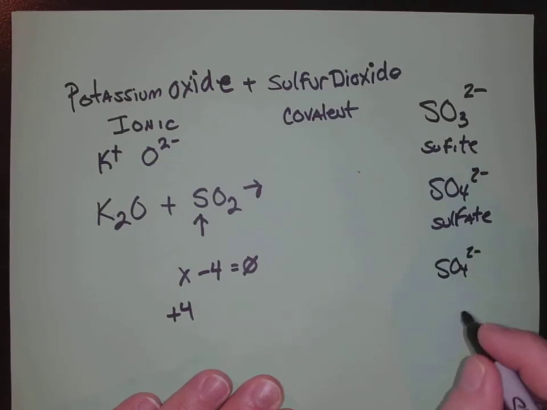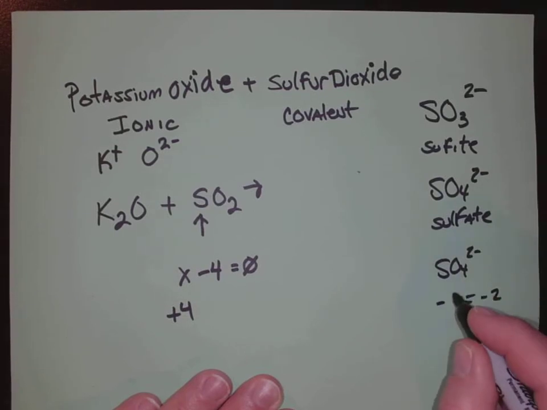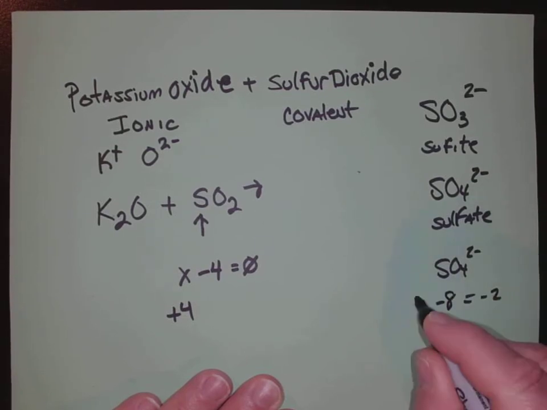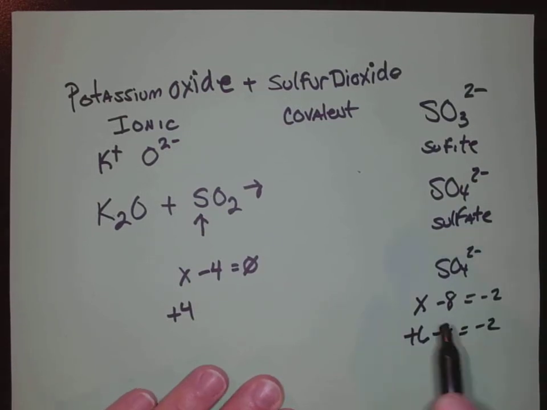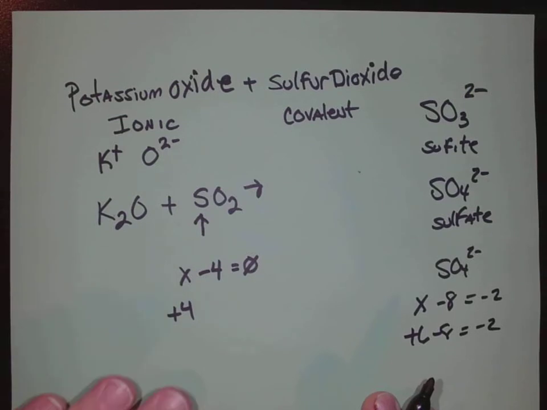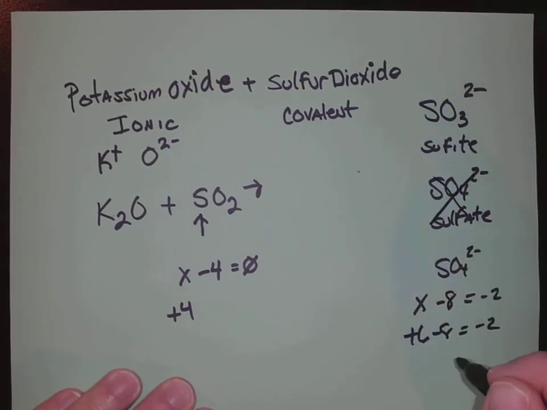All right, SO4 2 minus. So that's a minus 2. It has to equal 4 times a negative 2 is negative 8. So we'll call sulfur 1x. So this has to equal plus 6 to make this a true mathematical statement. So our stem here has to equal plus 4. So guess what? It's not sulfate.